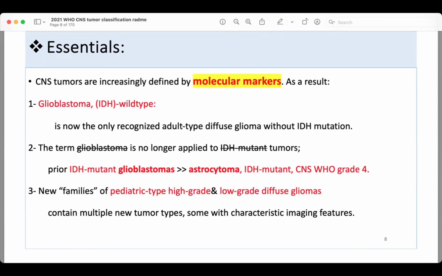In the past both of them were considered glioblastoma subtypes, but now all glioblastomas are only the IDH wild type, and the mutant type they reclassify under the astrocytoma, like what you saw here. And also there are new families introduced to the classifications.